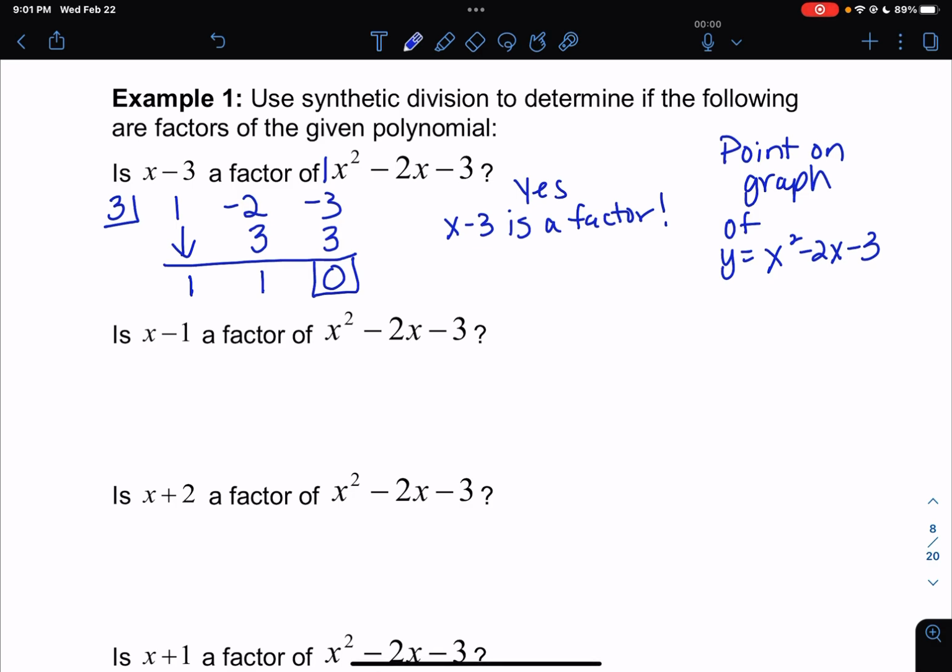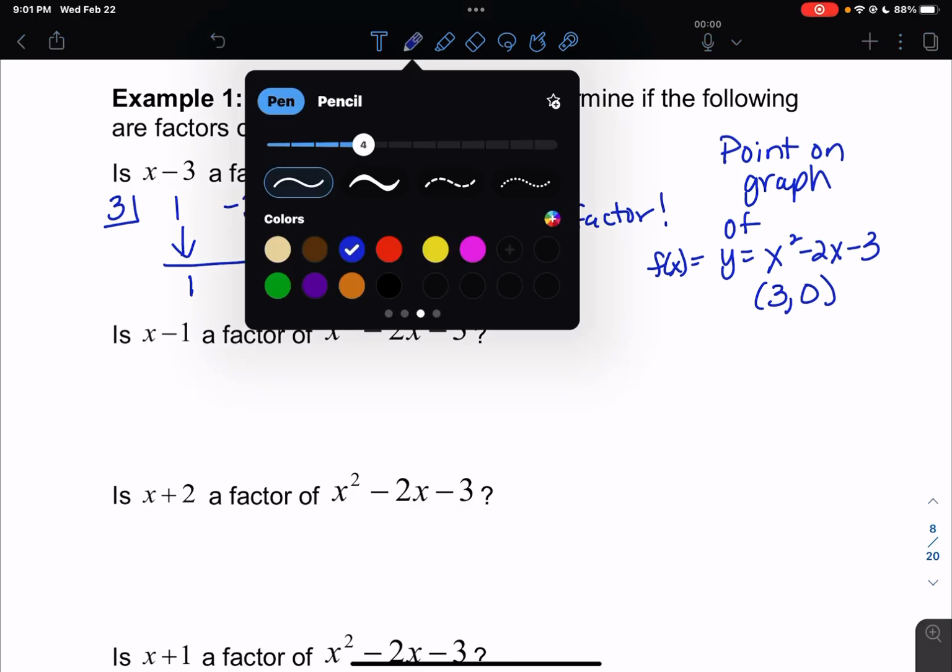The point that corresponds to that is 3, 0. When you plug 3 into this polynomial, into x, the y value is 0. We can also write that as f of x is equal to x squared minus 2x minus 3 using function notation.